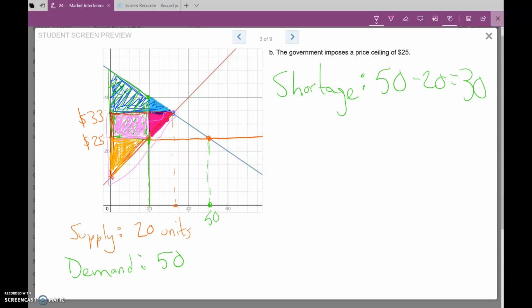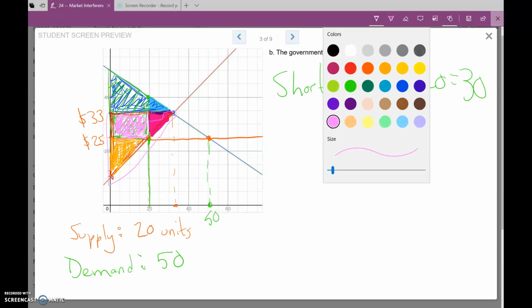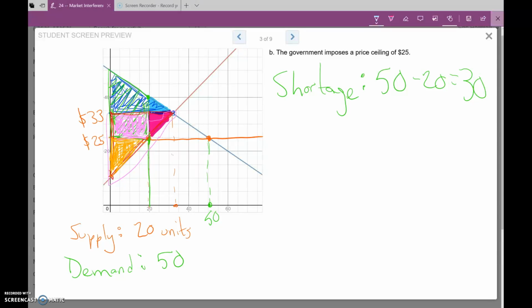So the issue is with these two triangles over here. These two pieces of area were lost. The blue triangle was lost by consumers, and it was not transferred to anybody. It was just lost. The pink triangle was taken from producers, and it was also not transferred to anybody else.